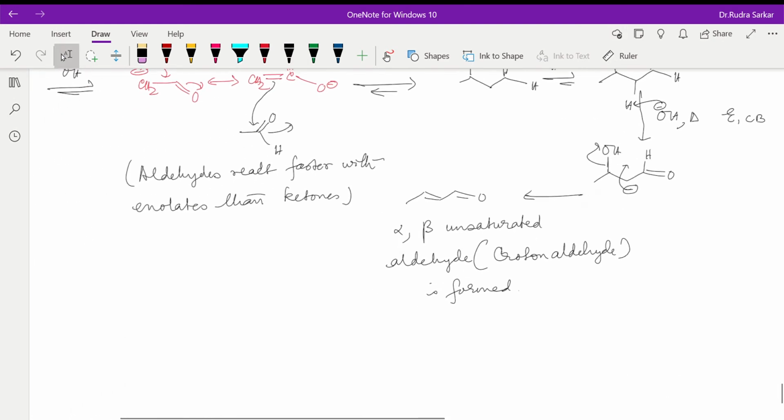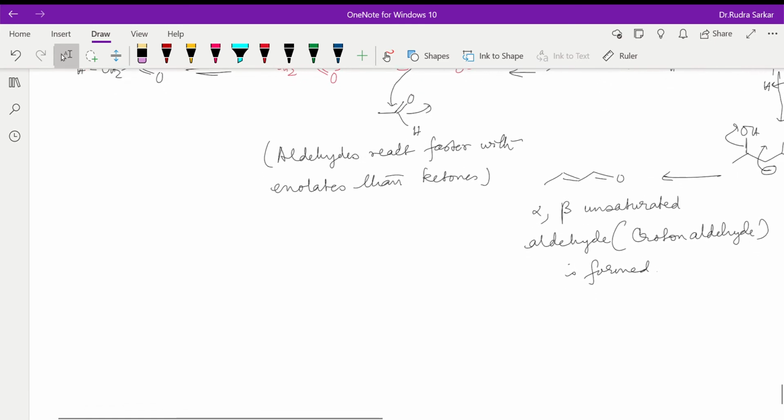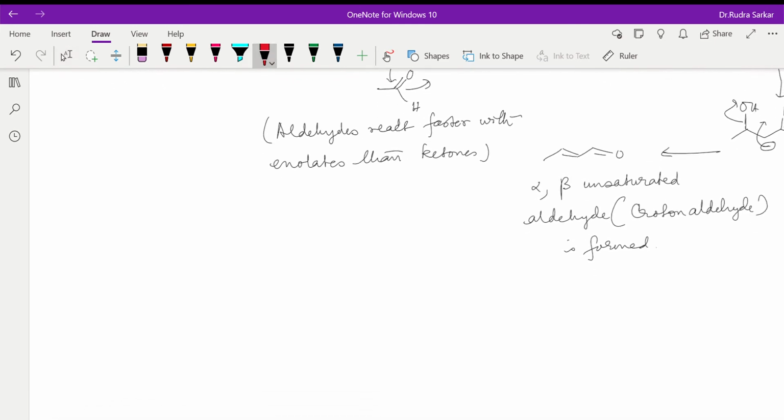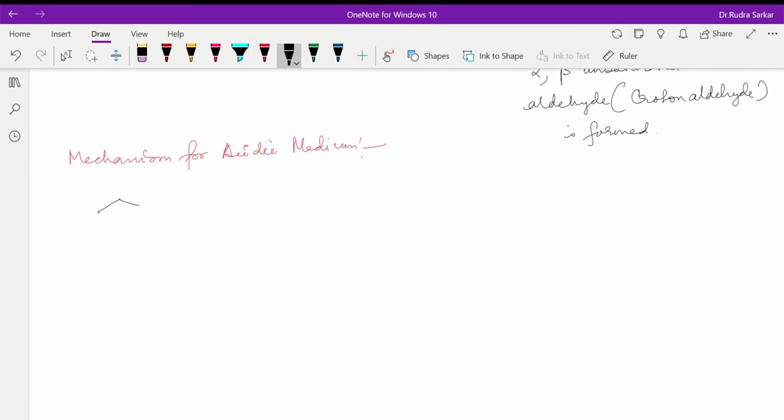The reaction can also take place in acidic medium. So the mechanism for acidic medium is as follows. Acetaldehyde, the lone pair will join with the proton. That means this will be formed, which we know the plus charge on oxygen is not stable.